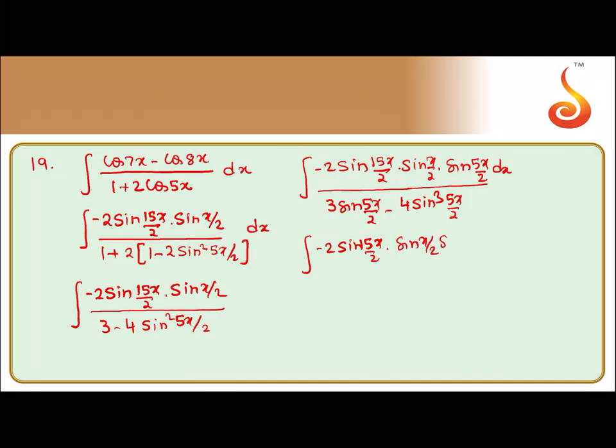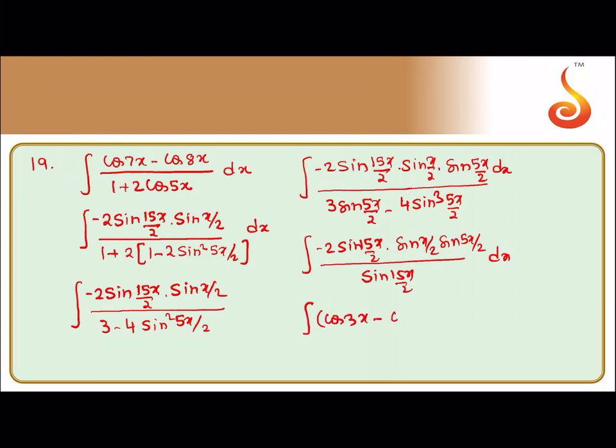So this will give you minus 2 sin 15x by 2 into sin x by 2 sin 5x by 2 divided by sin 15x by 2, which will cancel.